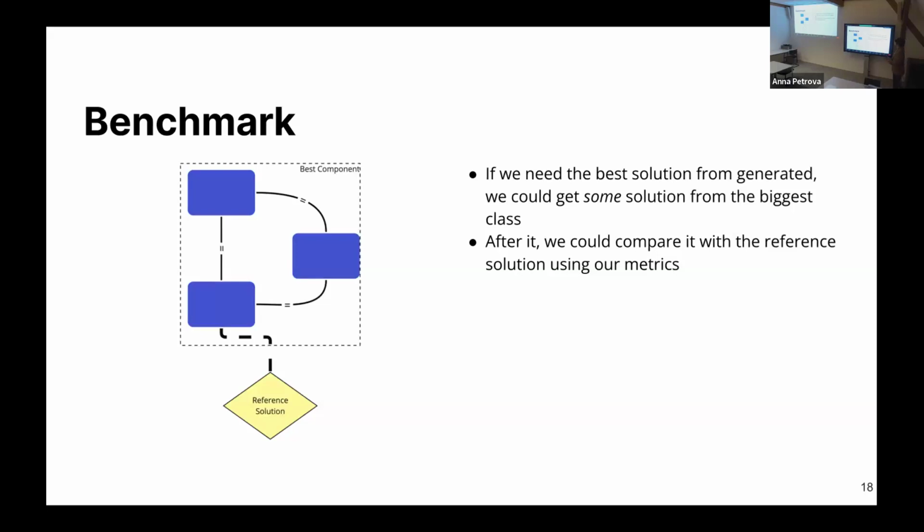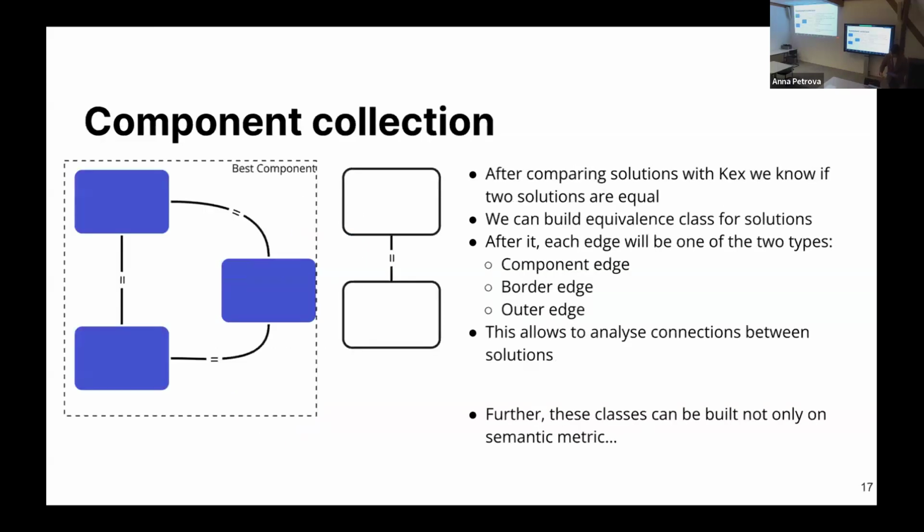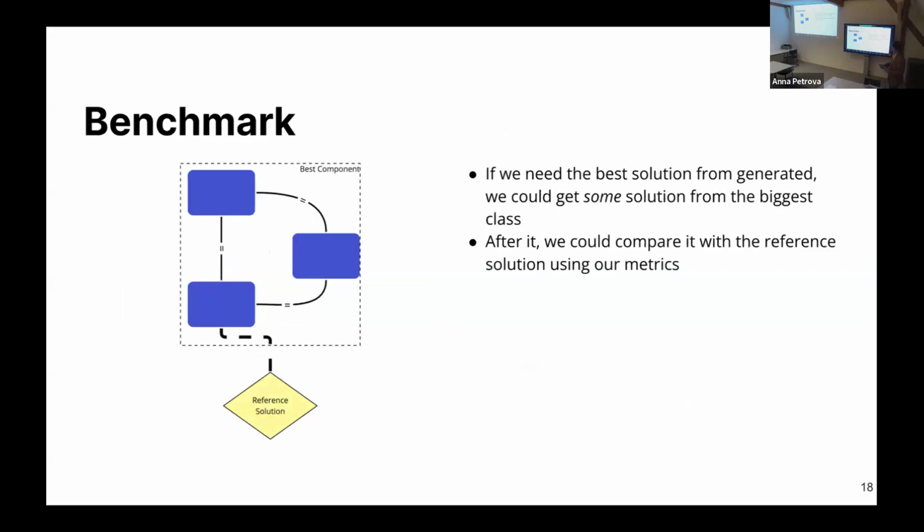The best solution is some solution from the biggest class of equivalence. So if a class consists of 3 solutions out of 5, we say that it's the best component, and we can benchmark it against a reference solution if our dataset has one.